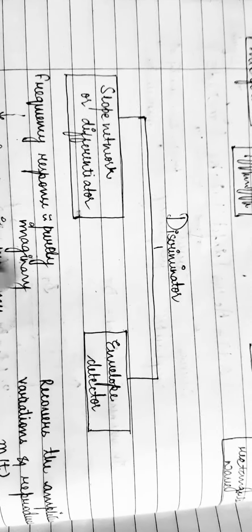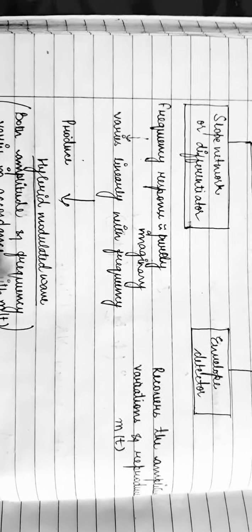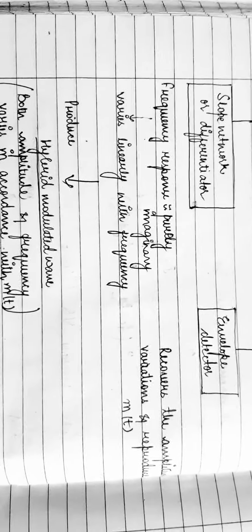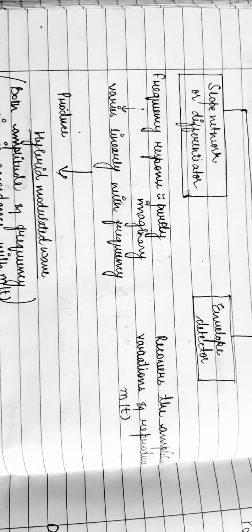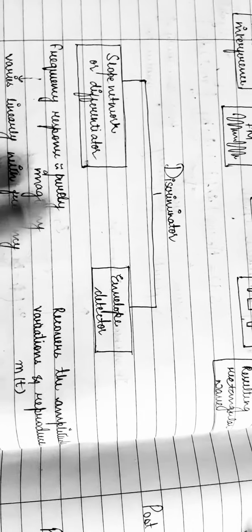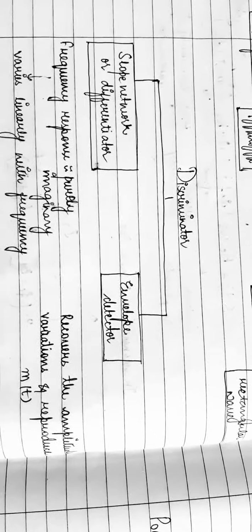Now this linear frequency produces a hybrid modulated wave, for both amplitude and frequency, that varies in accordance with your message signal, that is m(t). Now the envelope detector recovers the amplitude variation that is produced by m(t).